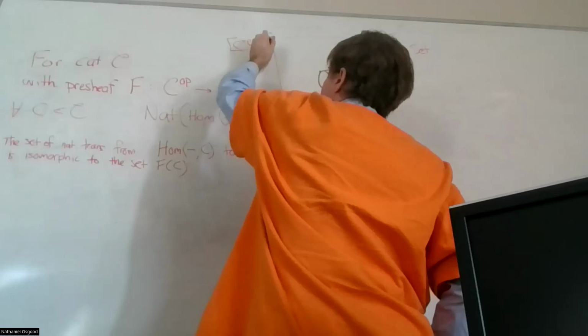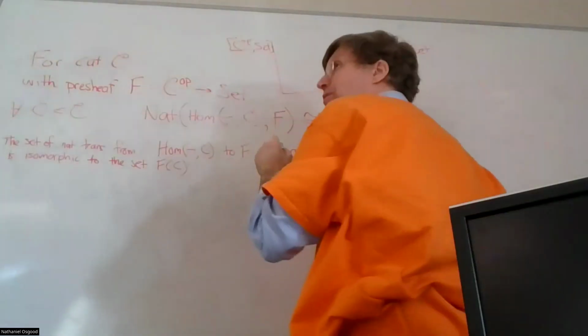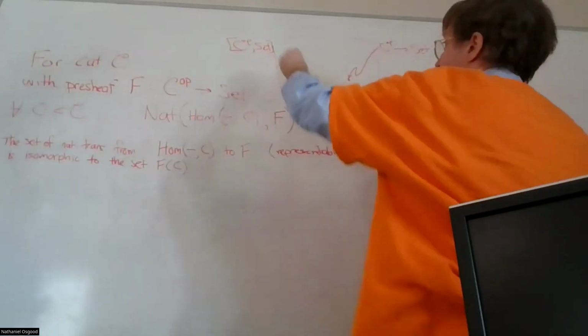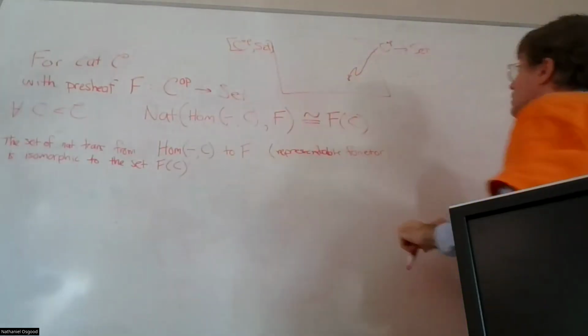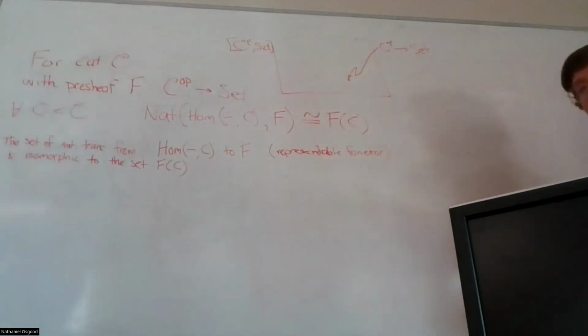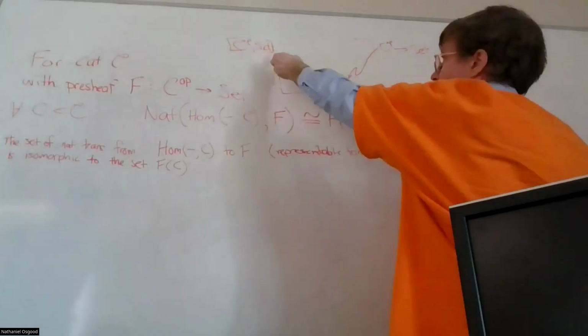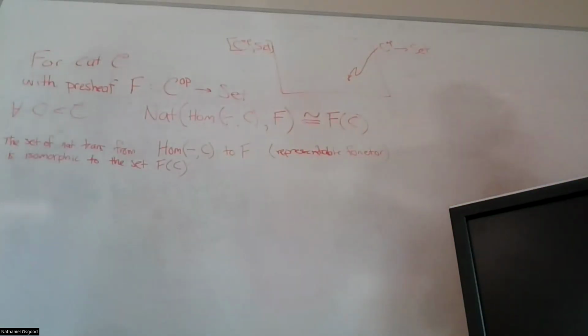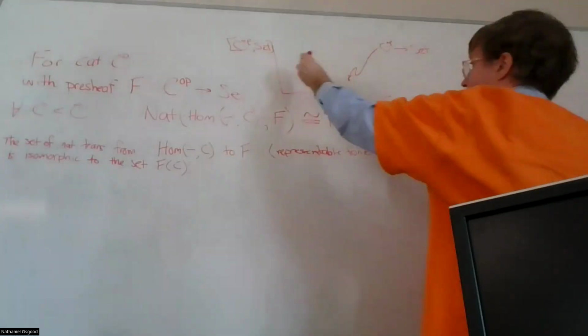So this is called the functor category. That works well. Yeah. This is a functor category. So each object is one of these functors, one of these presheaves from C op to set. Each of them is an instance.